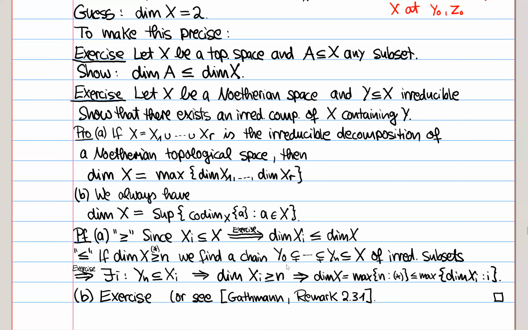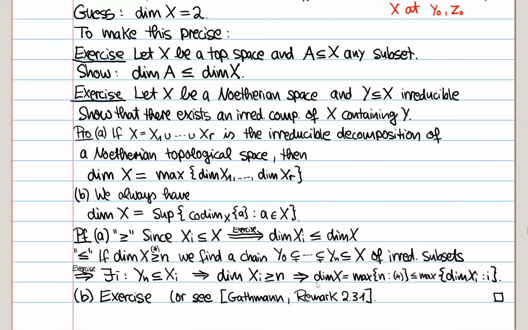And so instead of terminating this chain in X, we could also terminate it in xi. It would still be correct. But then this is a chain of irreducible subsets of xi. And so the dimension of xi is at least n.